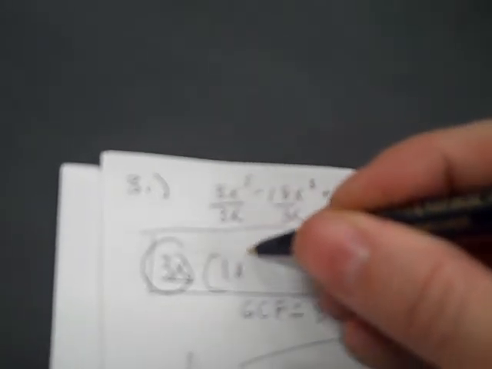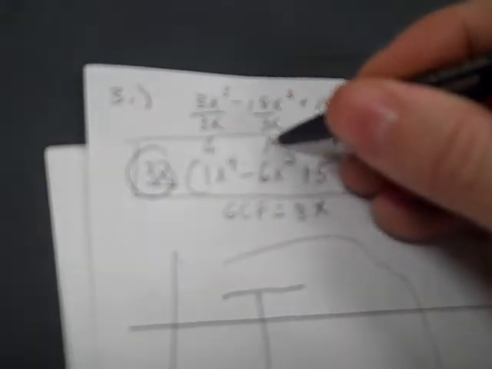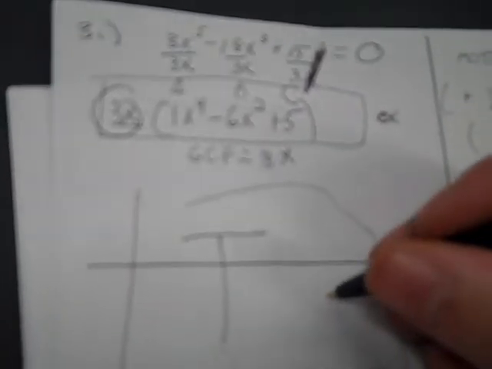Anytime you're dividing by any kind of x, that's so you can cancel an x. So that's 1, and that'd be x to the fourth minus 6x second plus 5. Okay, then I go A, B, C. And I will be taking A times C, and that will be taking 1 times positive 5.